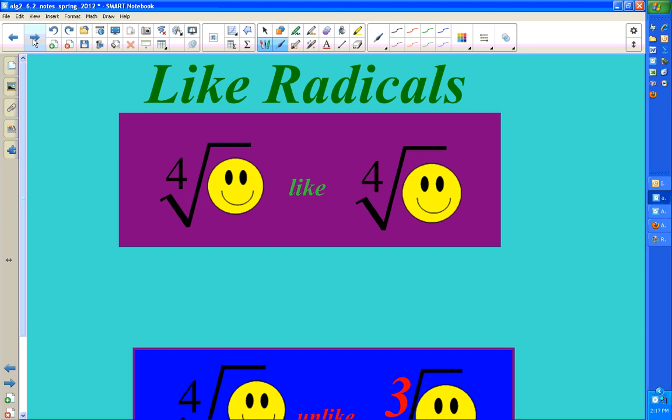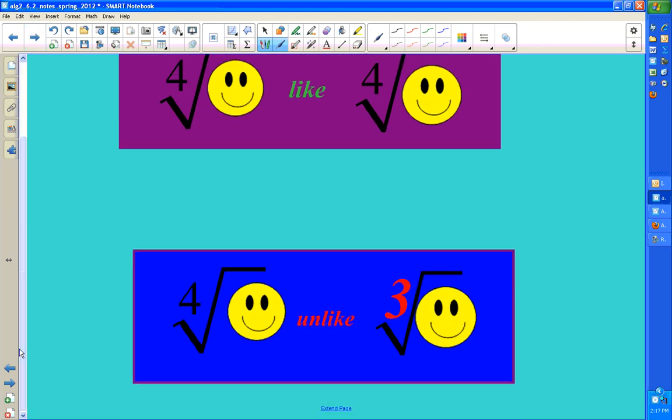Fourth root, we can combine them. Fourth root, cube root, not the same index. We can't deal with them. It doesn't matter that the radicands are the same. If they're different indexes, no way. They have to be same index, same radicand in order to be combinable or like terms. You also have to be in simplest radical form.